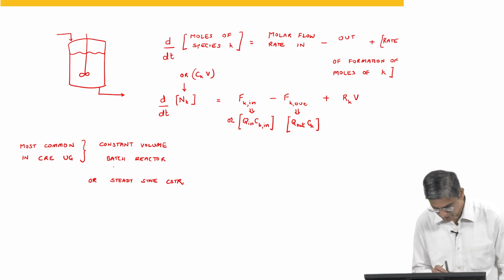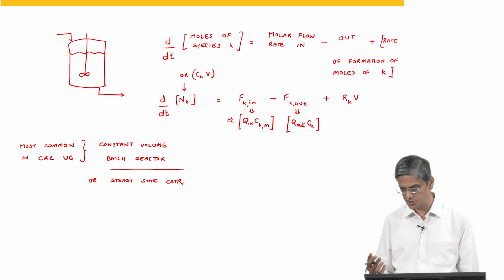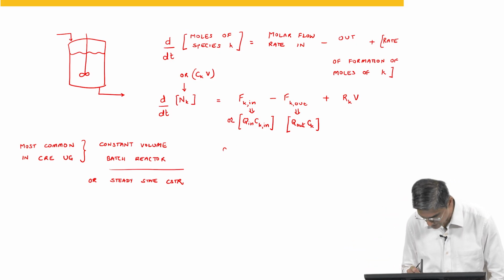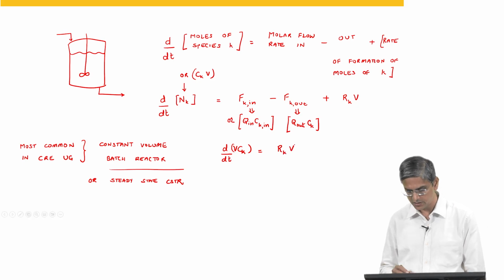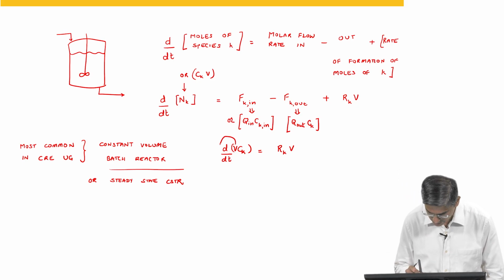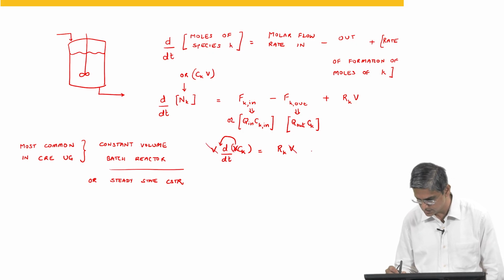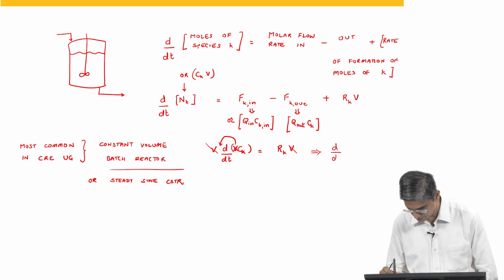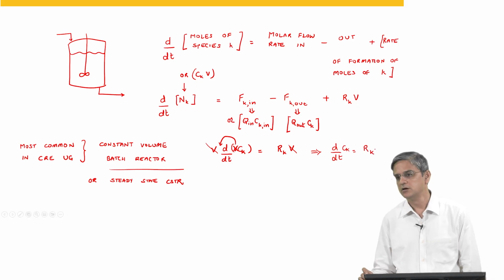So, if it was a constant volume batch reactor, Fk in and Fk out are both 0, and for constant volume batch reactor you got d by dt of V Ck equal to Rk V, and if volume is constant then V comes out, and you can cancel it and you will get dCk by dt equal to Rk.